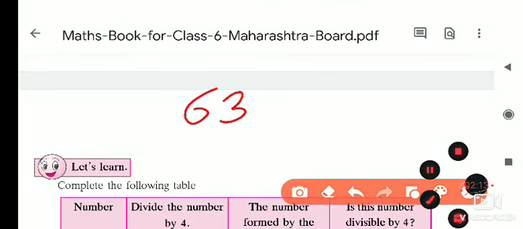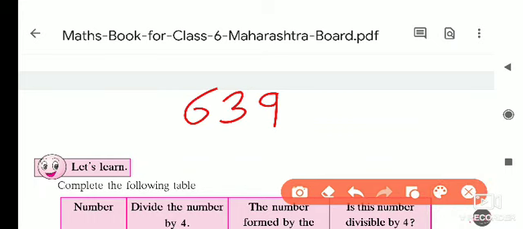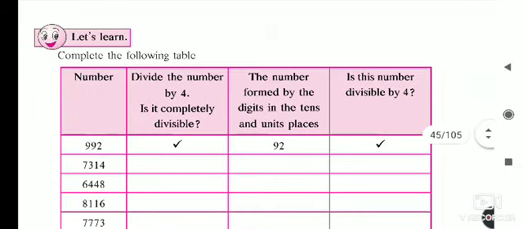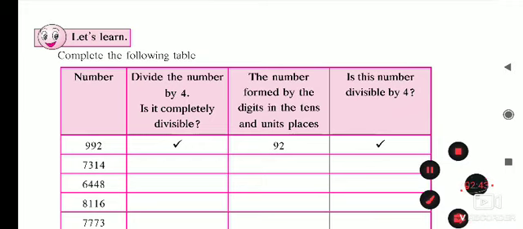If we take 639, what is the sum of the digits? 6 plus 3 plus 9: 6 plus 3 is 9, and 9 plus 9 is 18. This 18 is divisible by 3, so the given number 639 is divisible by 3. In this way we have to identify whether a given number is divisible by 3 or not without dividing it.